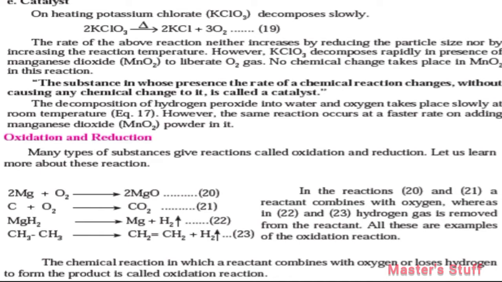A chemical reaction in which a reactant combines with oxygen or loses hydrogen to form the product is called oxidation reaction. Thus, when either oxygen is added to the reactant or hydrogen gas is released as the product, then the reaction will be termed as oxidation reaction.